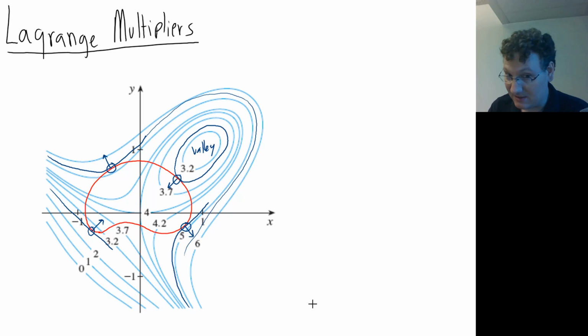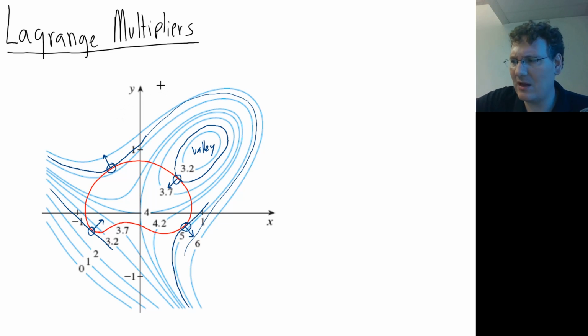In all of these cases, the normal line to the curve is parallel to the gradient vector, and that is the idea behind Lagrange multipliers. We want to find points on the boundary where the direction of the normal line is parallel to the gradient at that point.